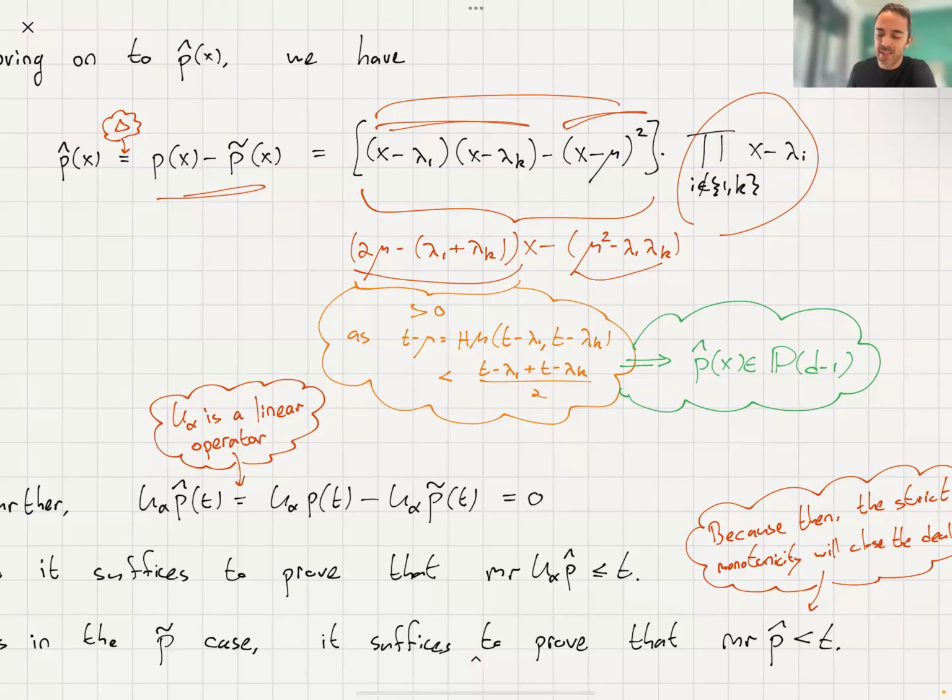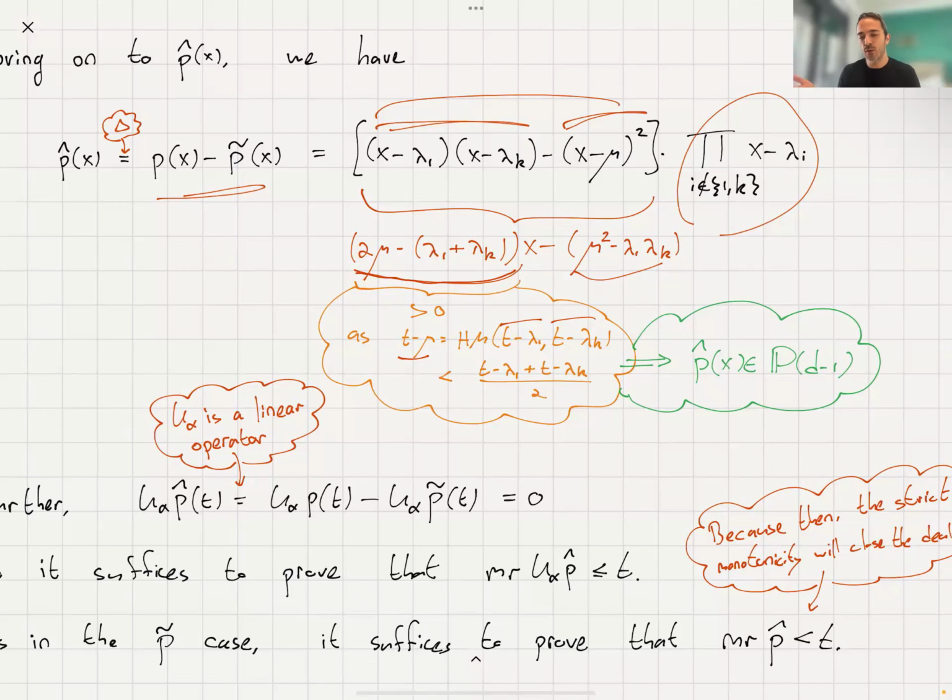And so first of all, we already see that this is a polynomial of degree at most d minus 1. Potentially, this could be 0. But what I claim is it's not 0 and it's not negative, it's positive. And we want it to be positive because P d minus 1, to stay with the induction, requires a positive leading coefficient. The reason that this is indeed positive is that T minus mu is the harmonic mean of T minus lambda 1 and T minus lambda k by definition.